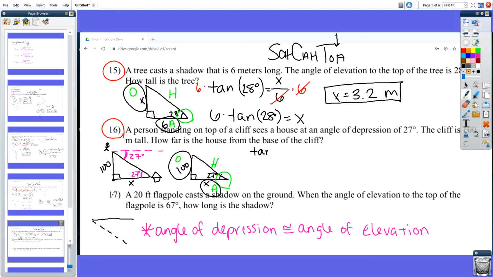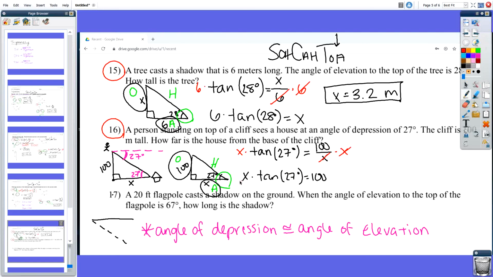So tangent of the angle, 27 degrees, is equal to opposite over adjacent, 100 over x. So this one's a little bit different because this time our variable is on the bottom of our fraction in the denominator. So I'm going to multiply both sides by x first. So I will end up with x times tangent of 27 degrees equals 100.